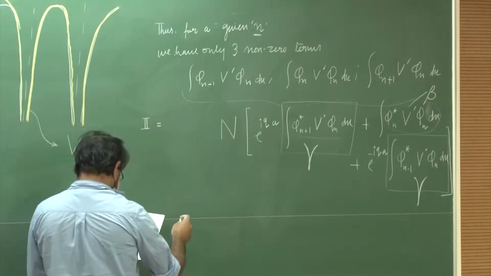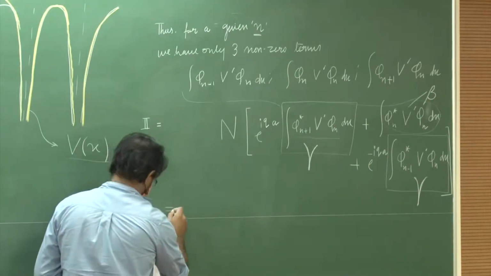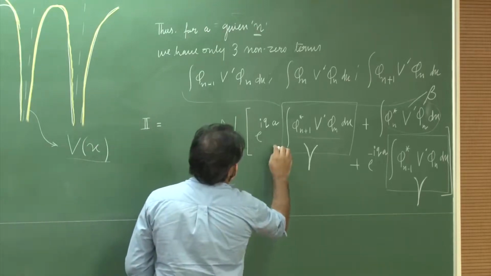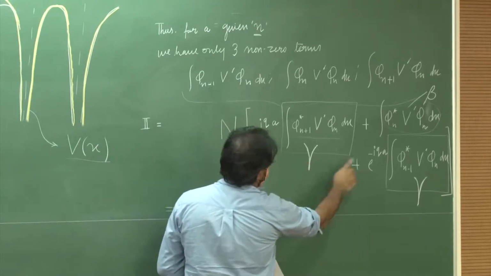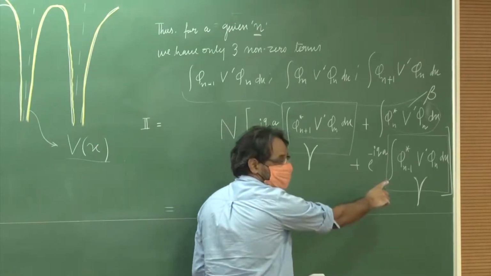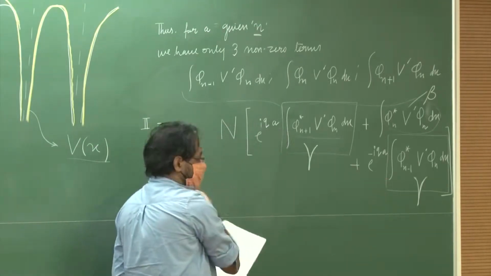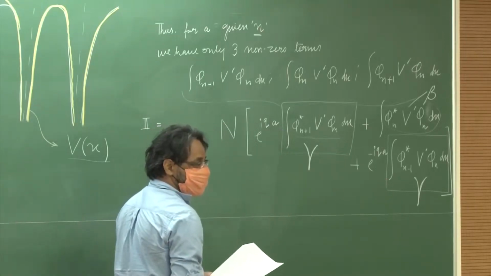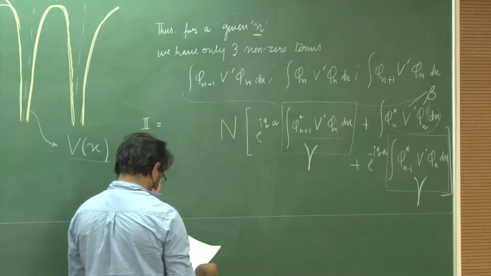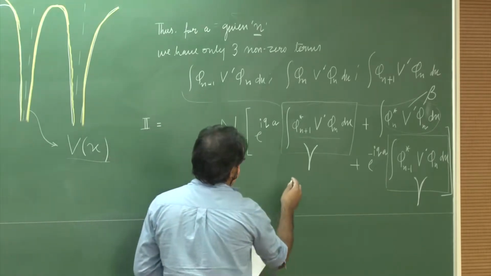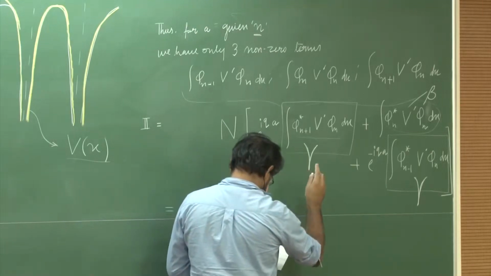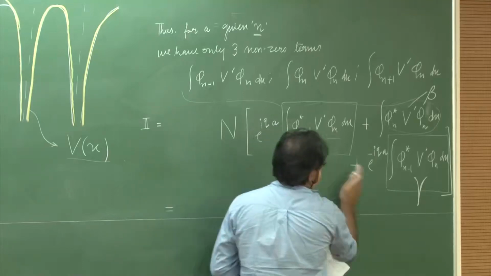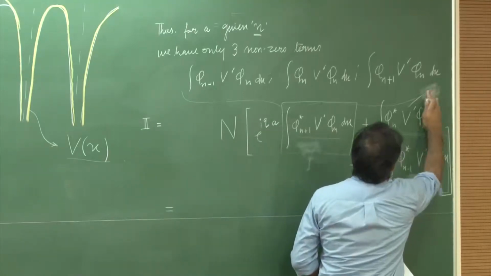Then what have I achieved? This is nothing but gamma with e to the power iqa, gamma with e to the power minus iqa. You take gamma out, and then you have e to the power iqa plus e to the power minus iqa, that you can write as 2 cos qa. Also, one more point, so let's write it formally, because this is important.